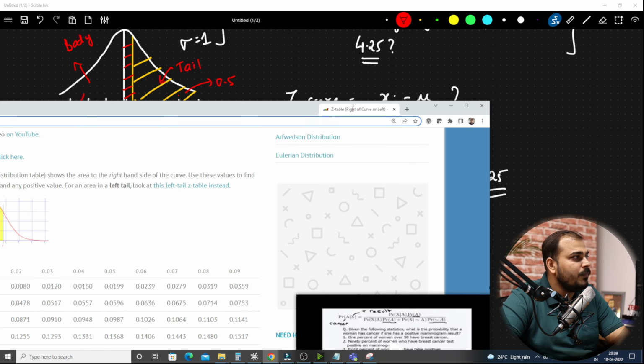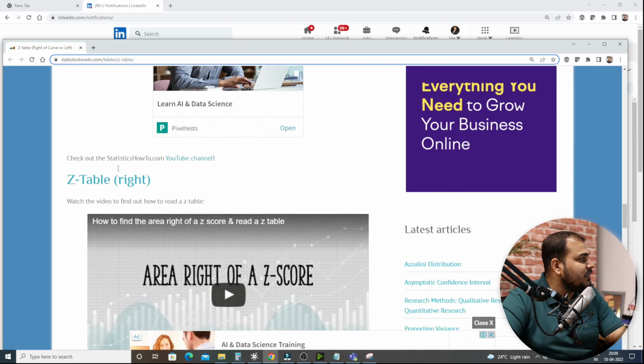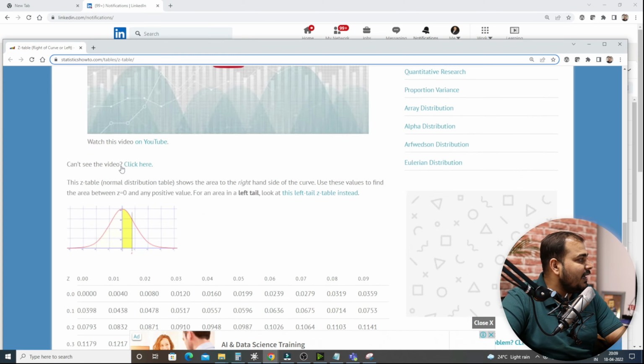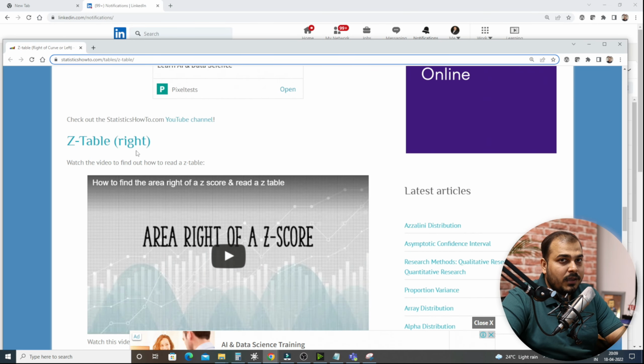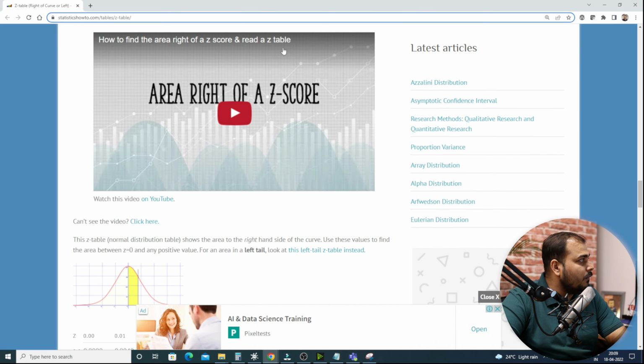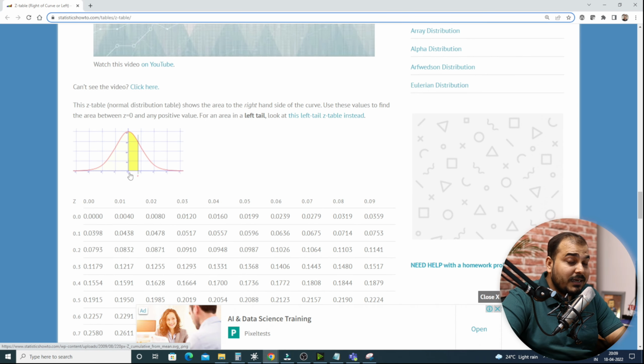So what I'm going to do is show you one Z table. Now in this Z table, you can see there are two different types of reading. One reading is the Z table to the right, which gives you the area under the curve between the mean and that many standard deviations.